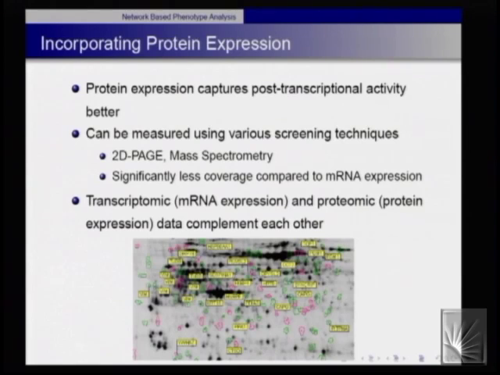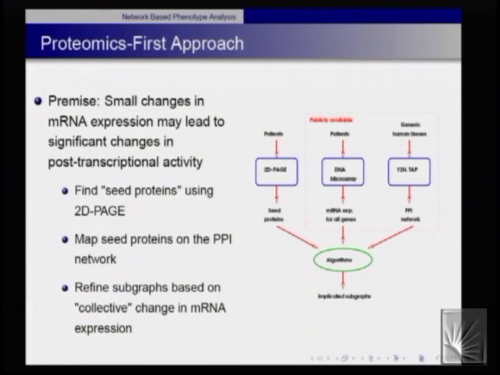And then they are trying to use networks to integrate these seed proteins with microarray data from other patients, plus the network data, to come up with a group of implicated subgraphs, which will explain all that we observe.